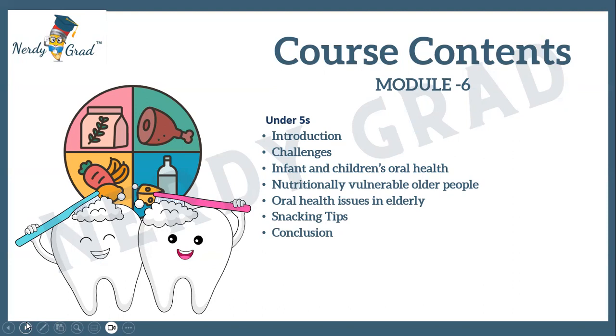Infant and children's oral health, nutritionally, how vulnerable older people will be and what will cause them to not maintain good oral health, issues in the elderly, and small snacking tips that can be suggested to the children as well as older people. And a basic conclusion for this module.